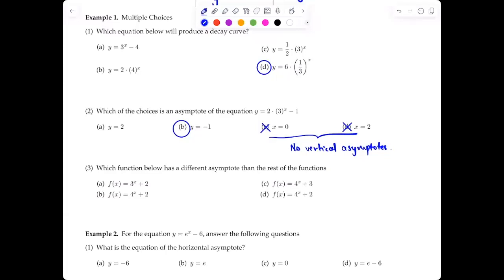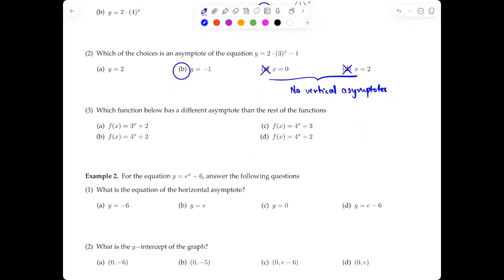Okay, so let me write a little bit of detailed explanation here. All of these functions are exponential growth functions. But now they have different horizontal asymptotes. A, you have y equals 2 as a horizontal asymptote. B, y equals 2 as well.